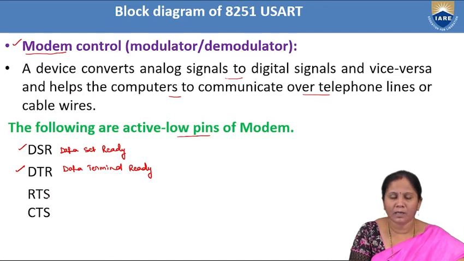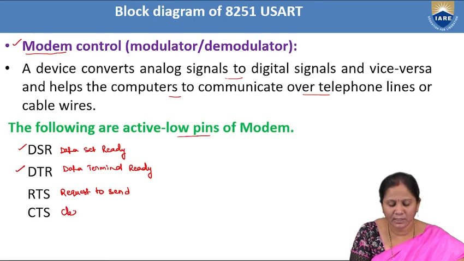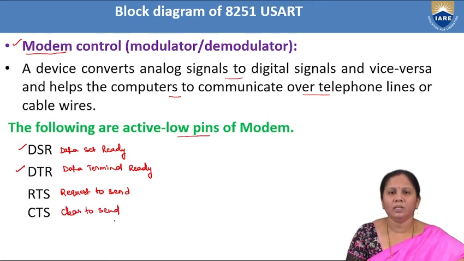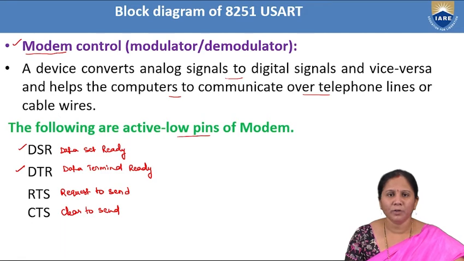The next one is RTS, which represents request to send. And next is CTS, which represents clear to send. All these are the four signals that play the major role while the DTE and DCE devices are communicating.